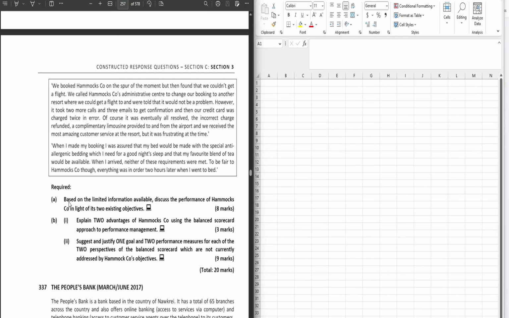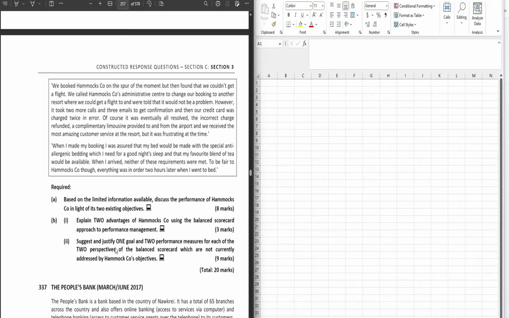Then the next requirement is to suggest and justify one goal and two performance measures for each of the two perspectives of the balance scorecard which are not currently addressed by Hammock's objectives. This is for 9 marks. So altogether the question is worth 20 marks.